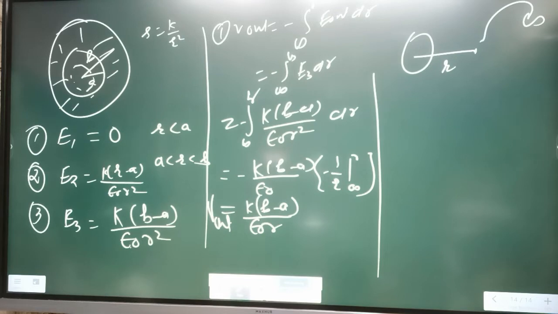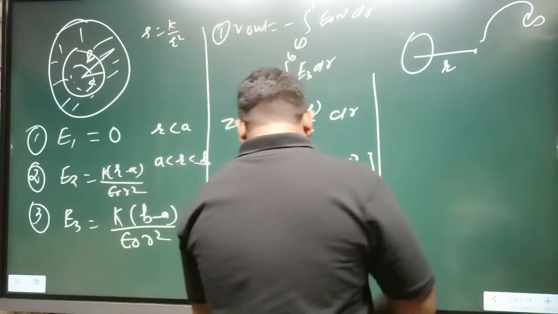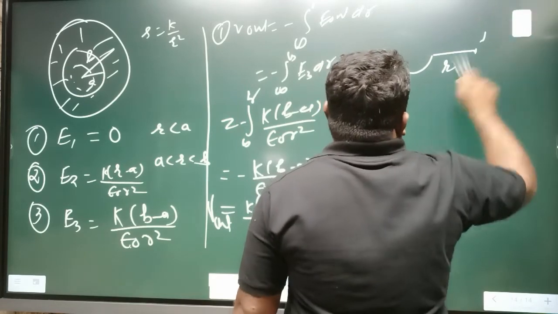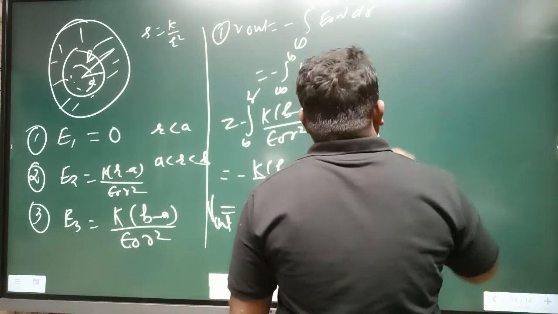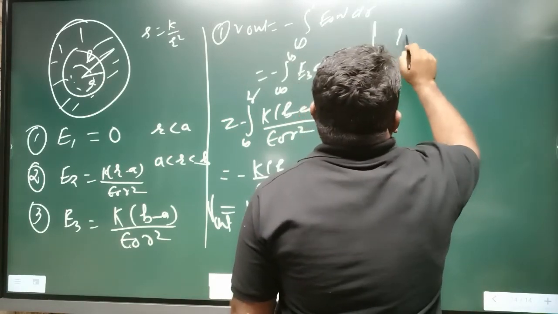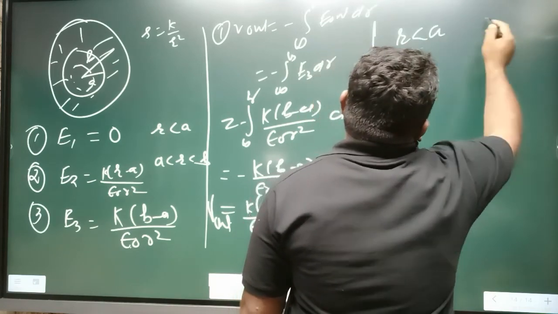Infinity to smaller r. We have to consider both E2 and E3, or we can directly find V in. V in means where? V in, small r is less than A.